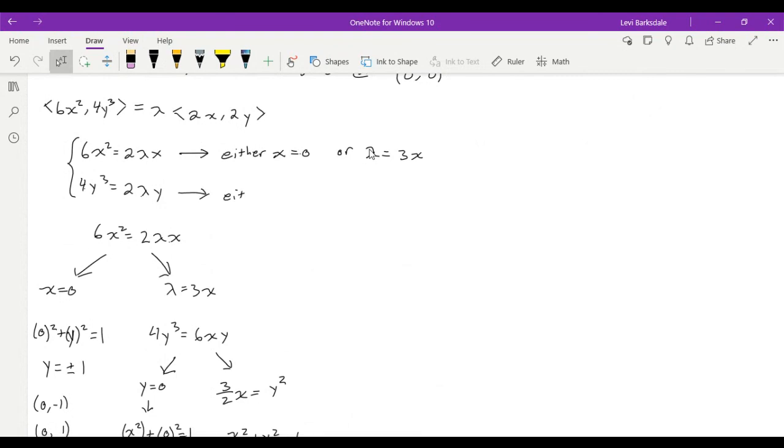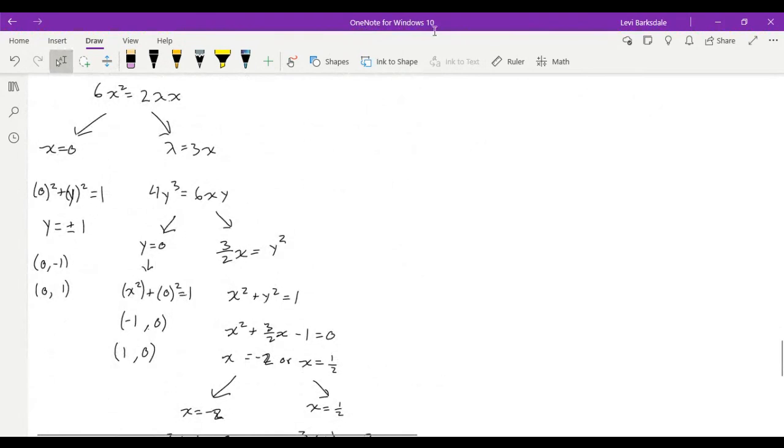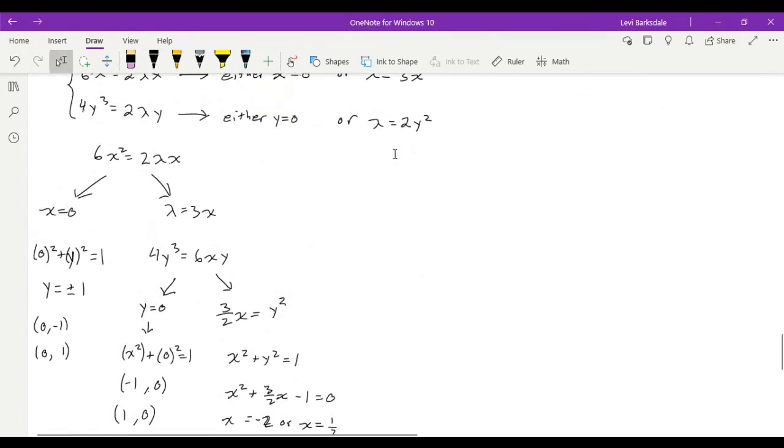Say, well, either y is equal to 0 or lambda is equal to 2y squared. And then we would have to work through that whole process again. I can do it very quickly, I suppose.